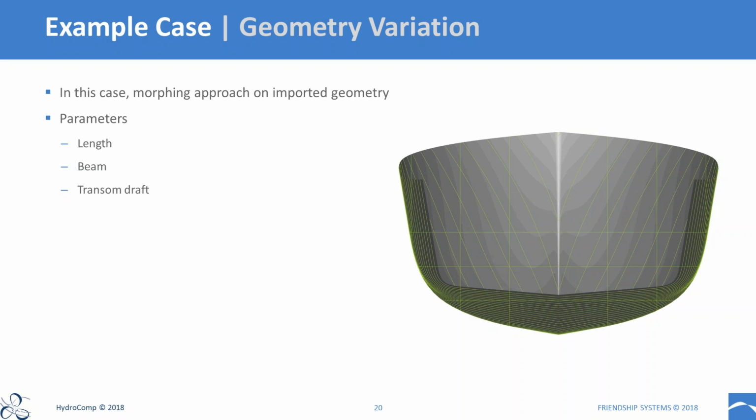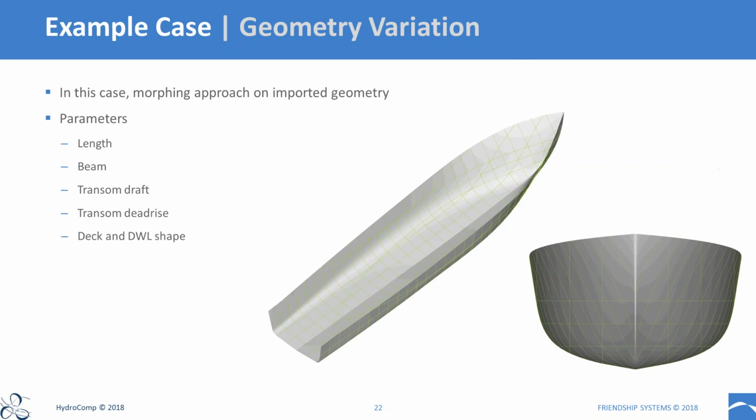Then the third parameter is the draft of the transom. So we can control the immersion of the transom, sorry. As you can see in the animation here. Then the dead rise at the transom can be changed.